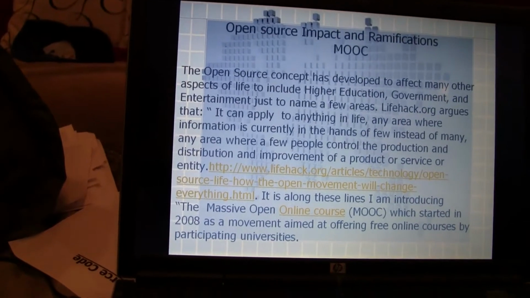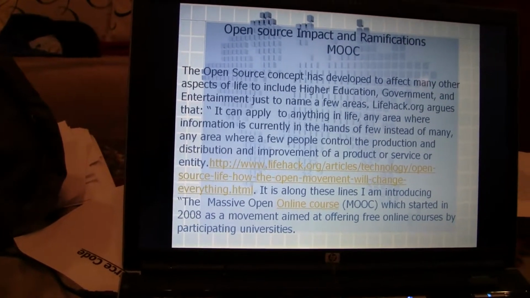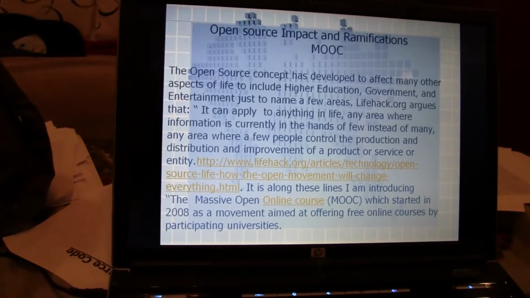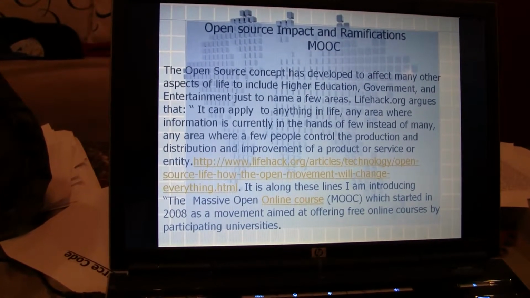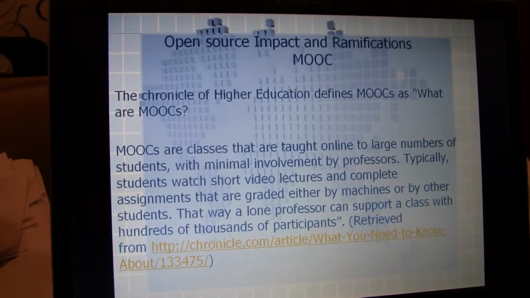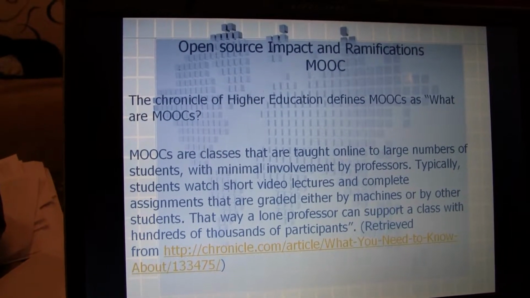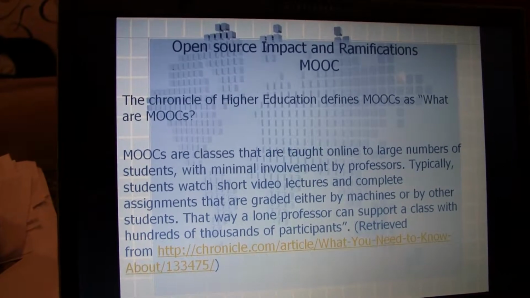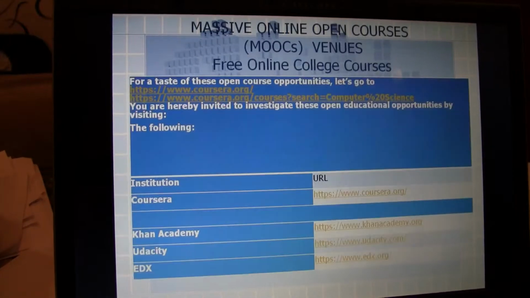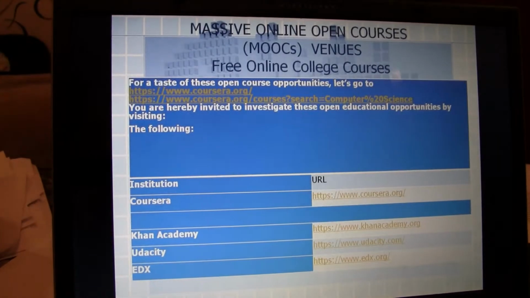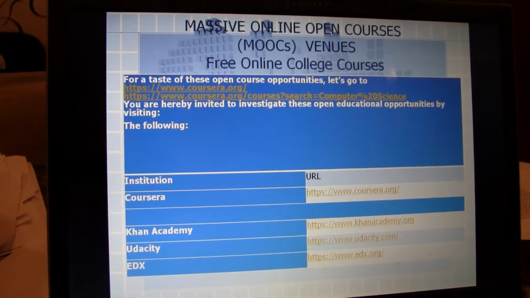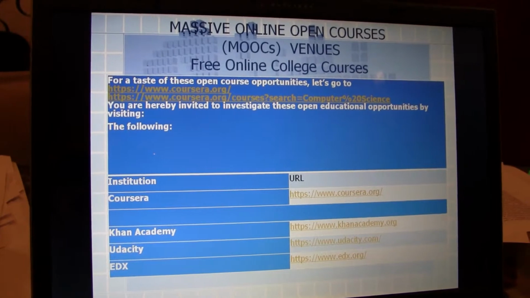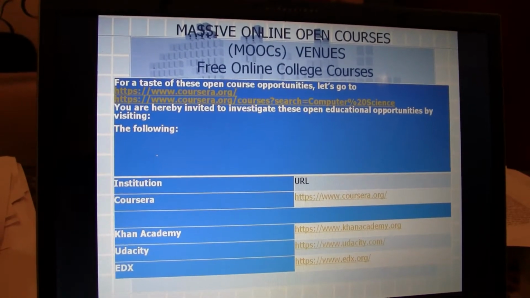We can, at this point, introduce the MOOC, which is Massive Open Online Courses. One interesting aspect of open source is the MOOC for higher education. These are massive open online courses, which are being offered by many academic institutions.